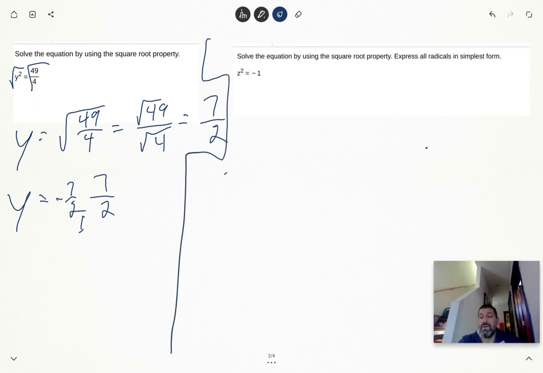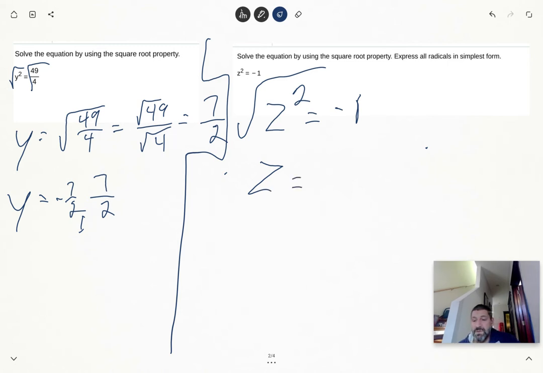Now, how about if we have a negative number? If I were to have z squared is equal to 1, I would take the square root of both sides, and the square root of 1 would be 1. But what about if it's a negative 1? I can take the square root of z squared. That gives us z.